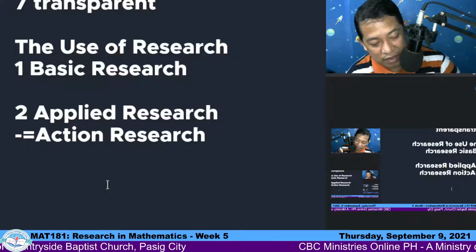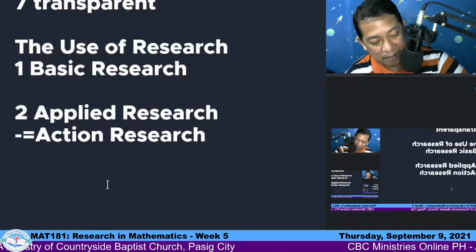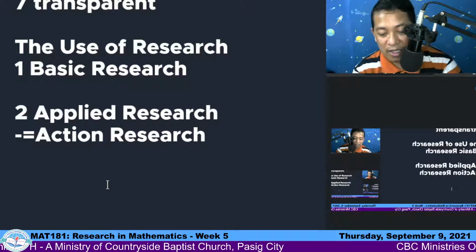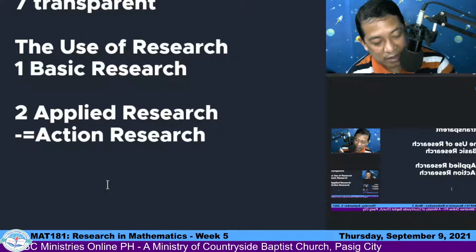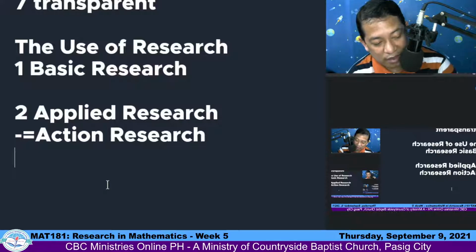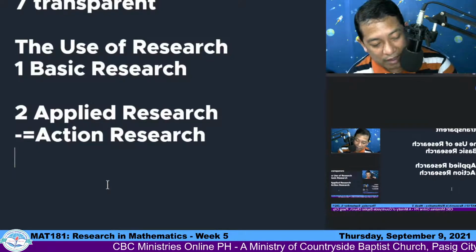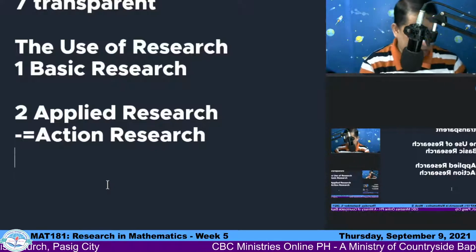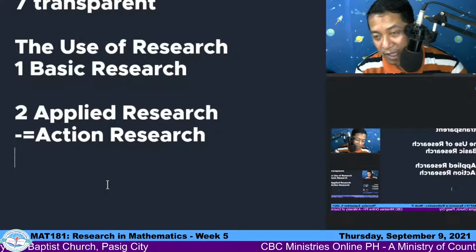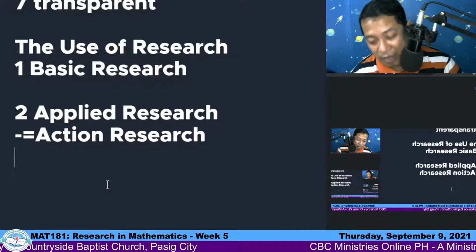Practitioners who engage in action research find it to be an empowering experience. Yes, no? So these are empowering experiences. Action research has a positive effect for any reason. It is always relevant to the participant. Kasi he's the one to take action and he's assisting his action by a research.